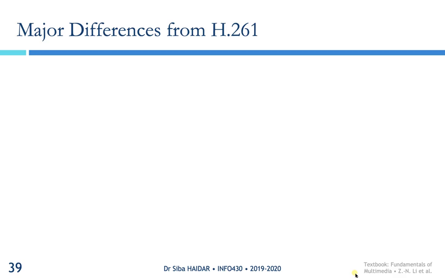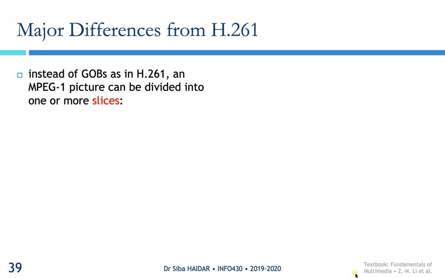As for the major differences with H.261, they are the following. Instead of groups of blocks, as in H.261, an MPEG-1 picture can be divided into something called slices.